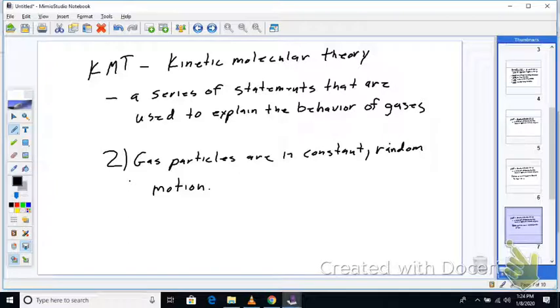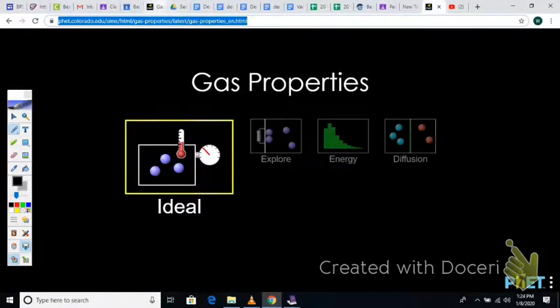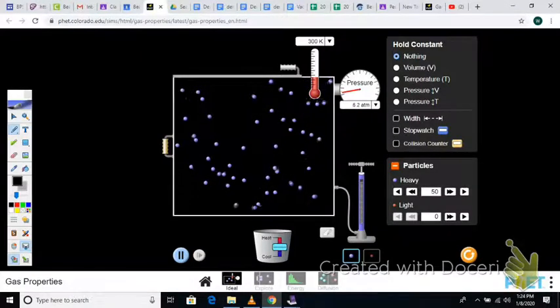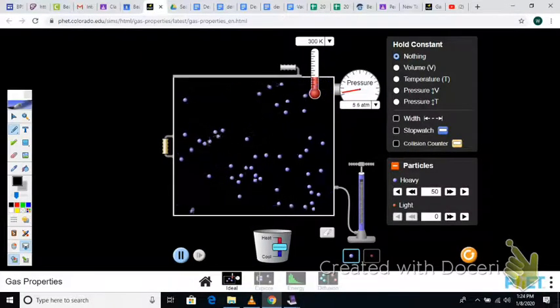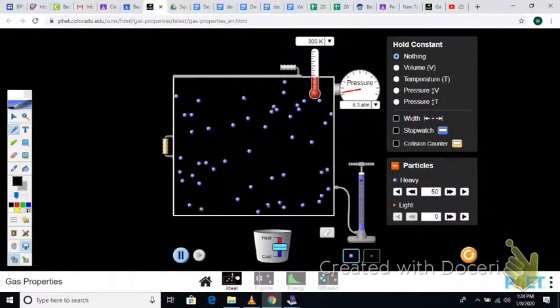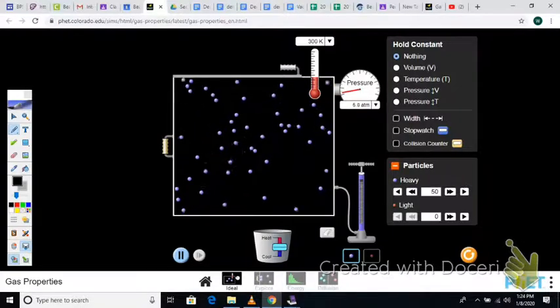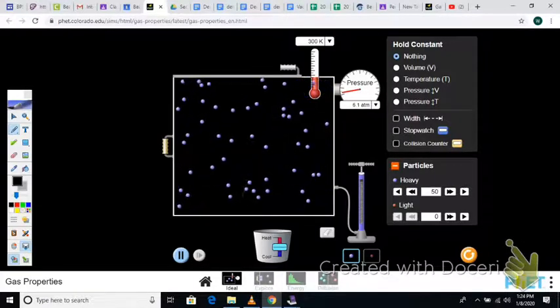The faster they move, the more random they'll be, and that's a good guess when we take a look at it. So let's go back and look at our model. You see how we can't predict where these are going, because they tend to move in all different directions. Does that make sense? So they're moving in all different directions.